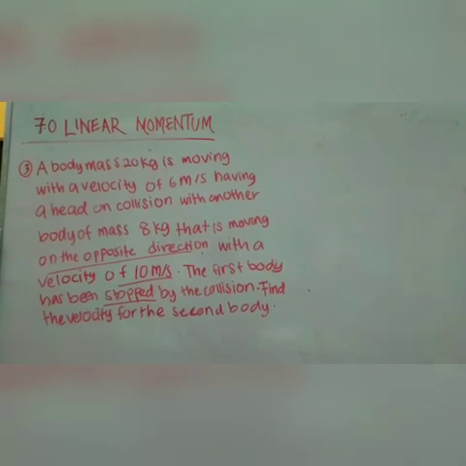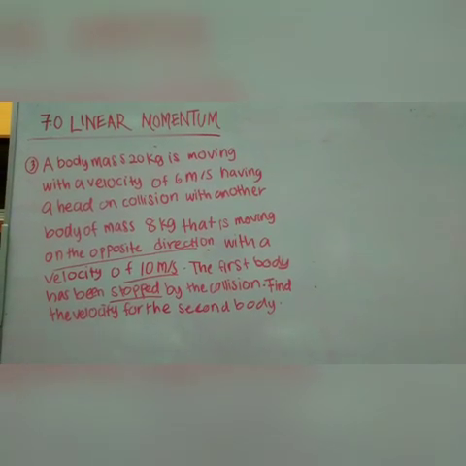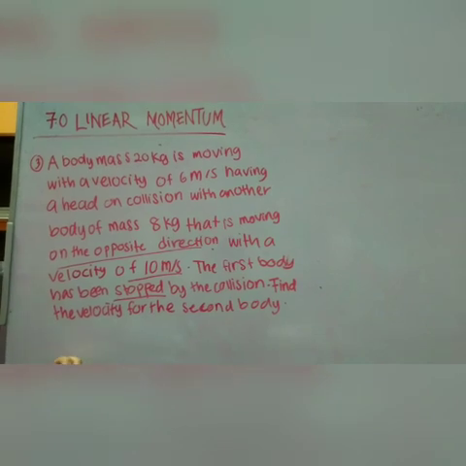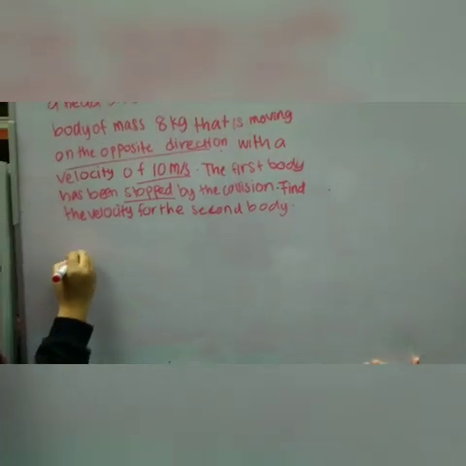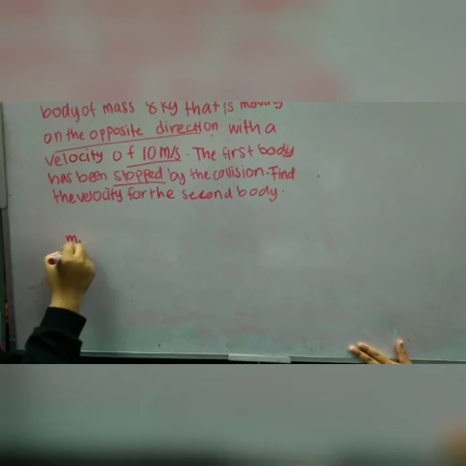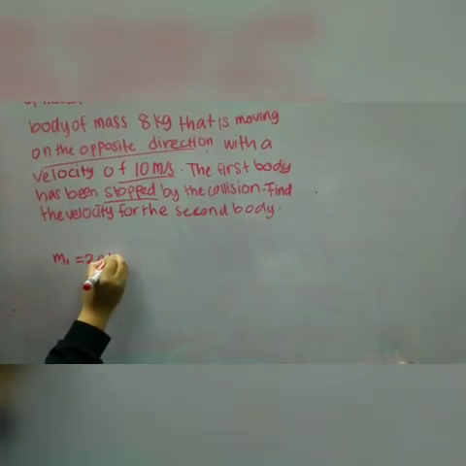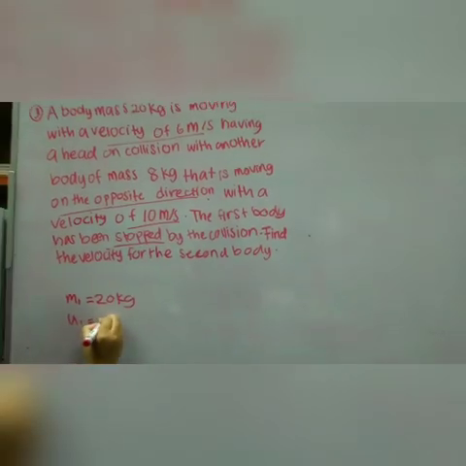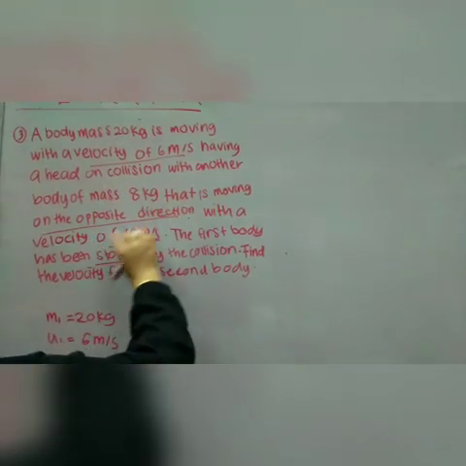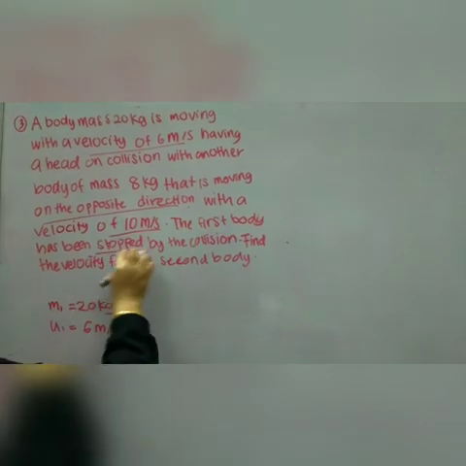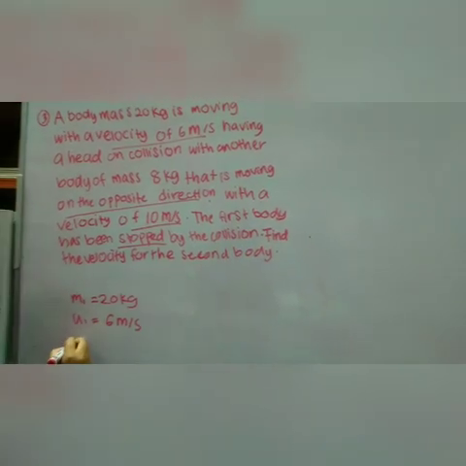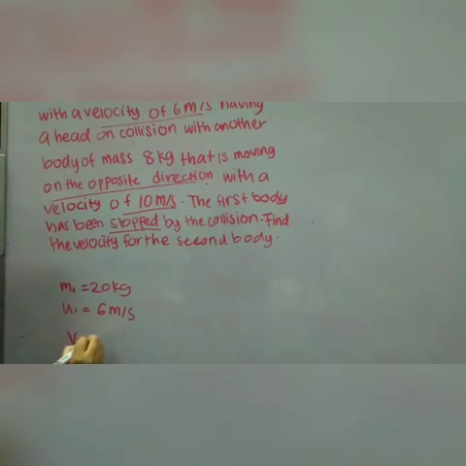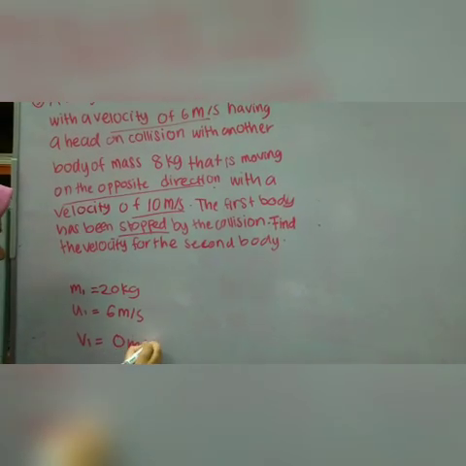So we need to collect the information given. The first body, mass M1 equals 20 kg. U1, which is the initial velocity, equals 6 meter per second, and the first body has been stopped by the collision, so V1, the final velocity, is 0 meter per second.